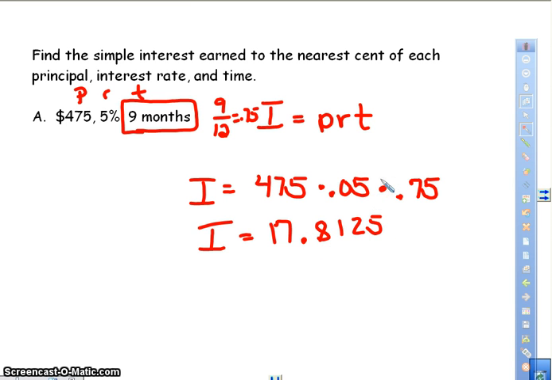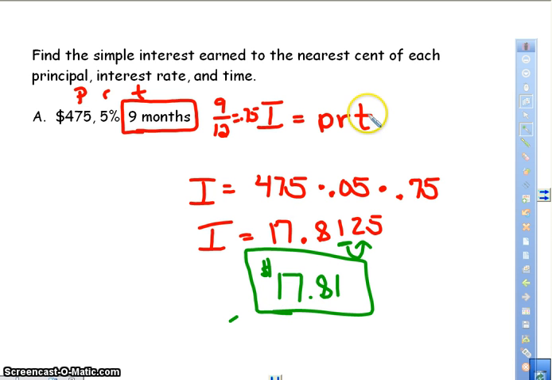I'm going to check that again one more time to make sure I did it correctly. 475 times 0.05 times 0.75. Yep. And it's money, so I'm going to have to round to the nearest hundredths. The 1 is in the hundredth spot. The 2 tells me to keep it the same, round down. So my interest would be $17.81.